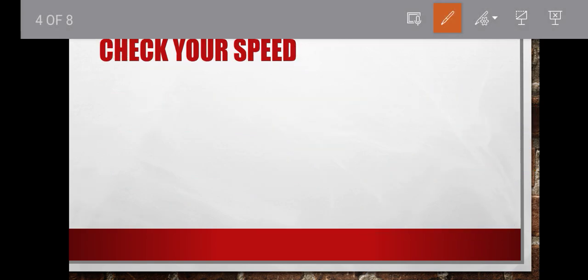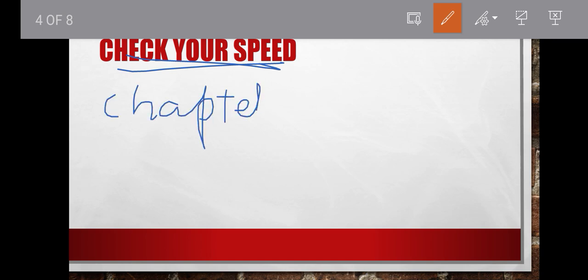Now you need to check your speed. This is very important. You need to check how many days you take to complete a chapter. Completing doesn't mean just reading NCERT.